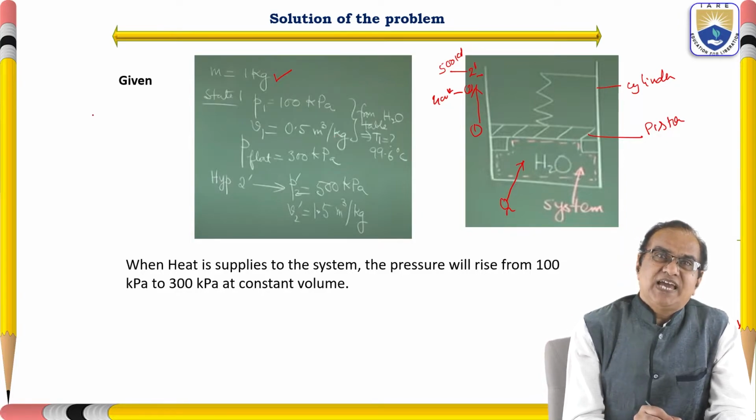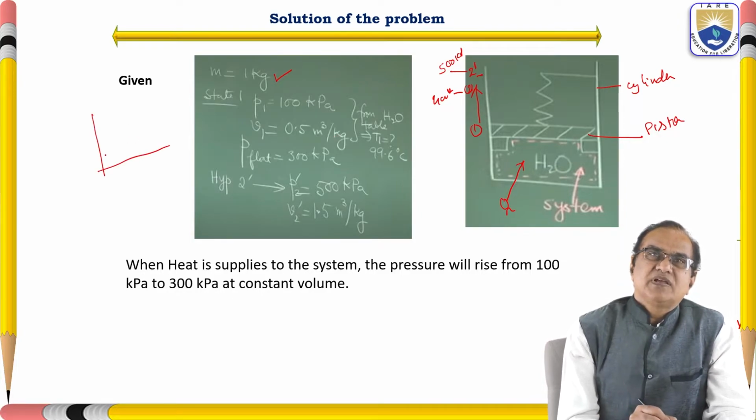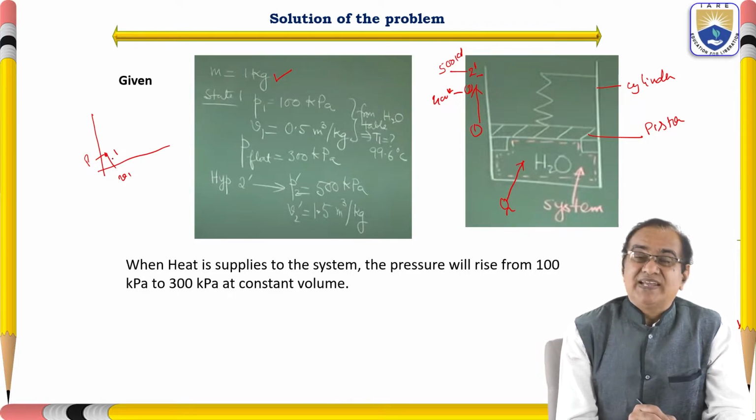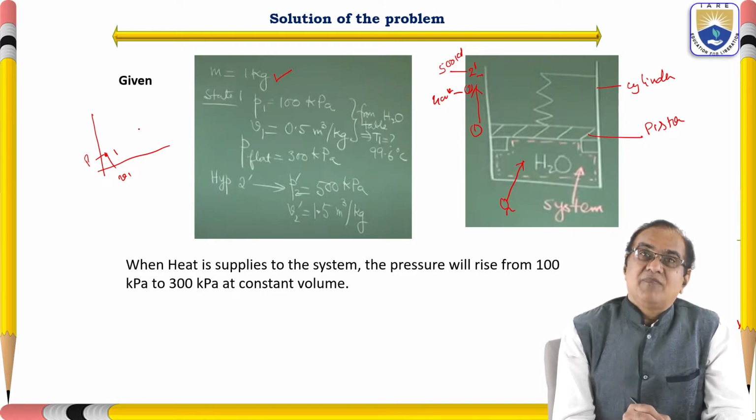So if you see here, it is point 1, P1 and V1 is given. State point 1 is very much clear. So we have to find out by the steam table, given P1, V1, we will get the temperature T1, and this is 99.6 degrees centigrade.